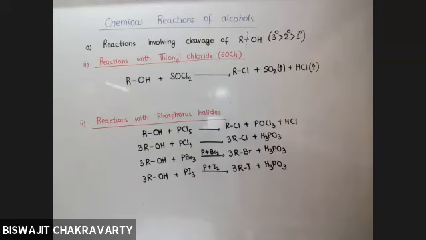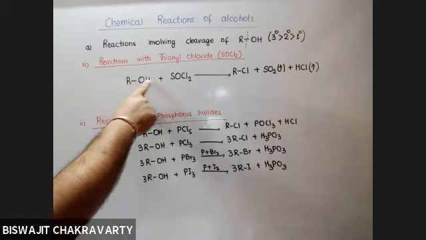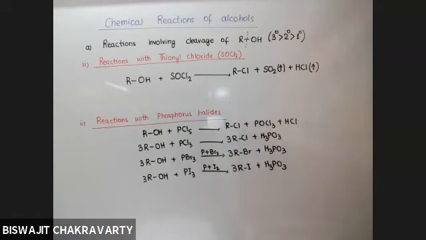All 3 reactions we have actually done during the preparation of haloalkanes. If you revise it, if you go through those classes, then the thing will be more clear to you. Okay, should I rub it? So during all these reactions, is it not the carbon-OH bond breaking down?